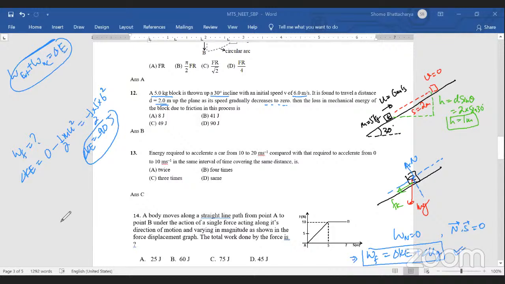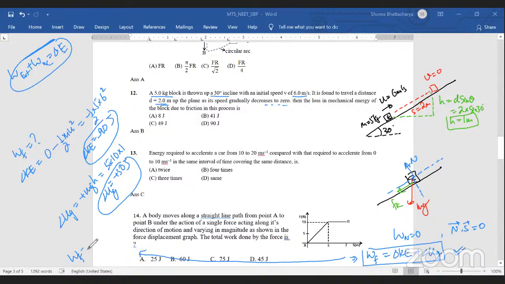The change in gravitational potential energy will be plus mgh, because it's climbing through a height of h. So your delta y is positive. That's 5 kg into 10 into 1 meter, so that is plus 50 joules. So delta U gravitational is plus 50 joules. Now just substitute in this.